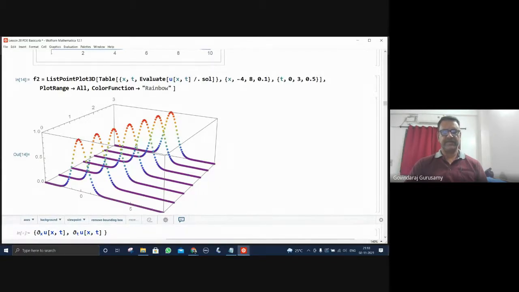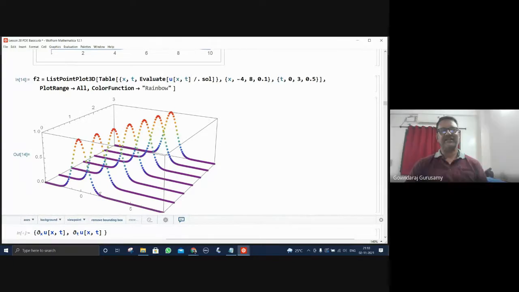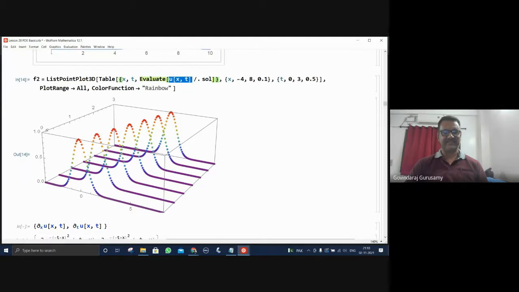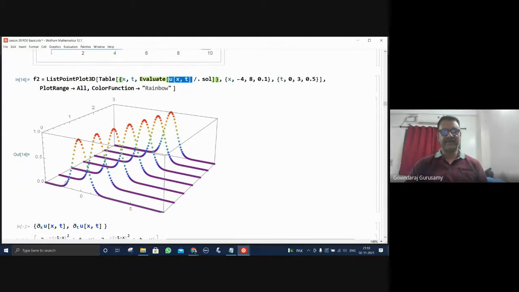Are they varying? Sir, we didn't understand what you mean. Okay, so u of x,t is the z-axis. Right? Yes, sir. It has some magnitude, now it is varying. Yes, sir.